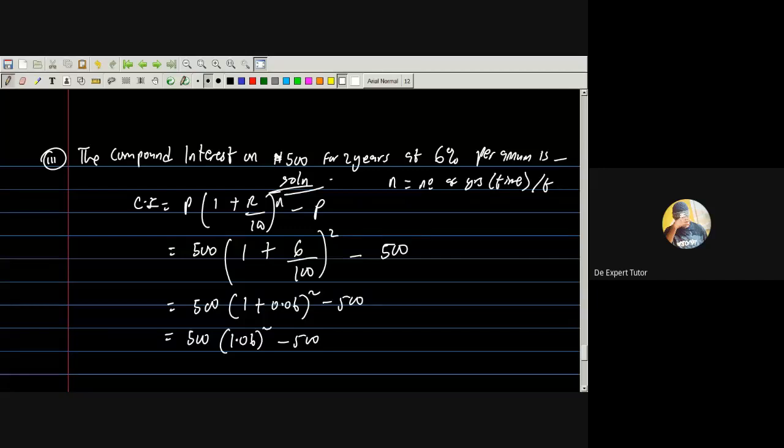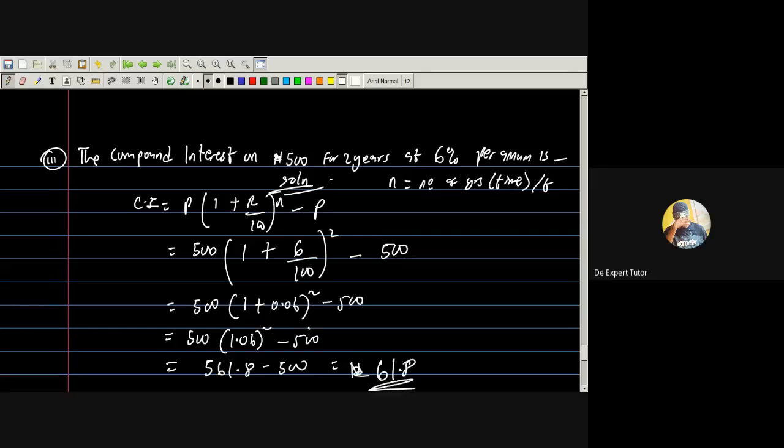You should be able to do this without a calculator, I believe in you guys. So this all together will give you 561.8, then minus 500. If I remove 500 from it, that will give me 61.8 naira. That's my compound interest. So that is the end of today's class.